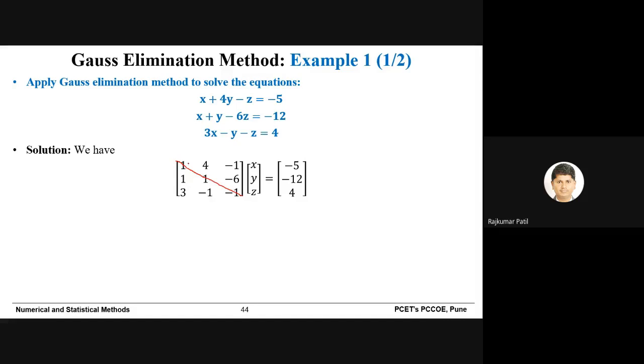If one of the diagonal elements is 0, you need to interchange the rows if required. If the diagonal elements are non-zero, then you need not do any kind of row operation, especially A11 and B22. They should be non-zero.